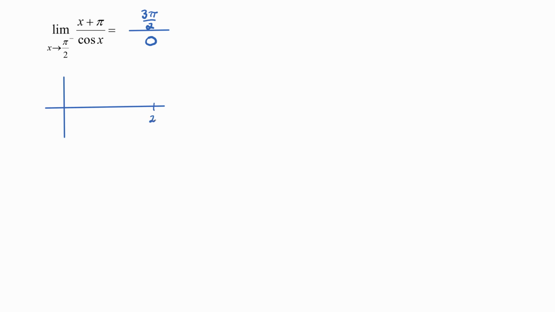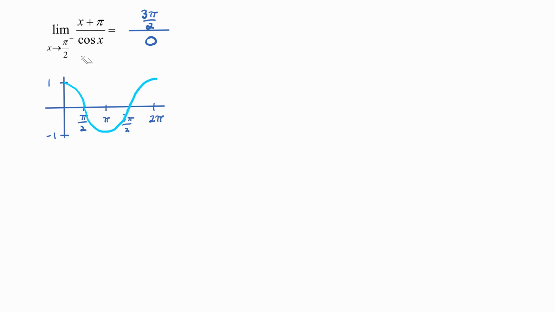We know the period is 2 pi, so half of that is pi. The quarter point is pi over 2. The 3/4 point is 3 pi over 2. We know the min will be at -1 and the max at 1. So cosine of x starts at 1, goes to 0, to -1, to 0, back to 1.